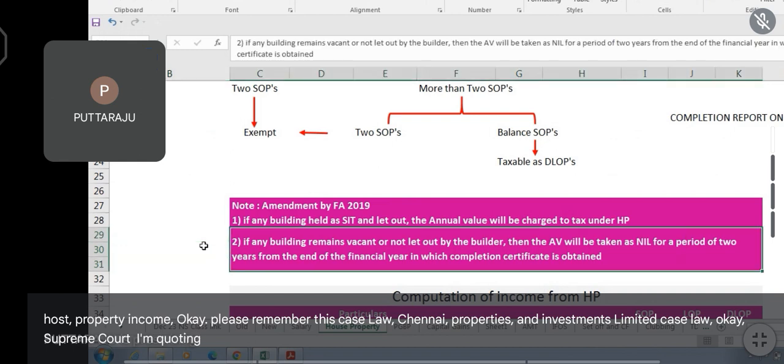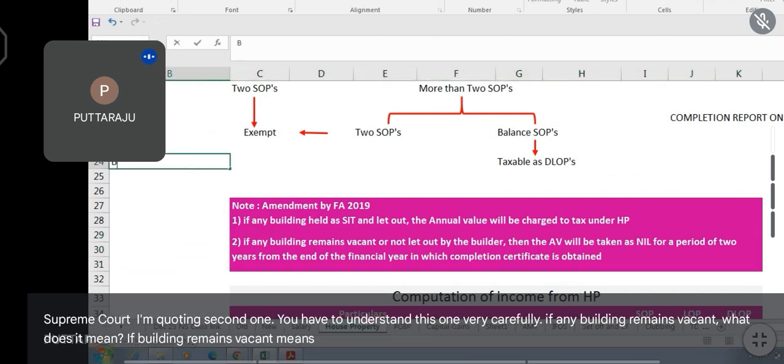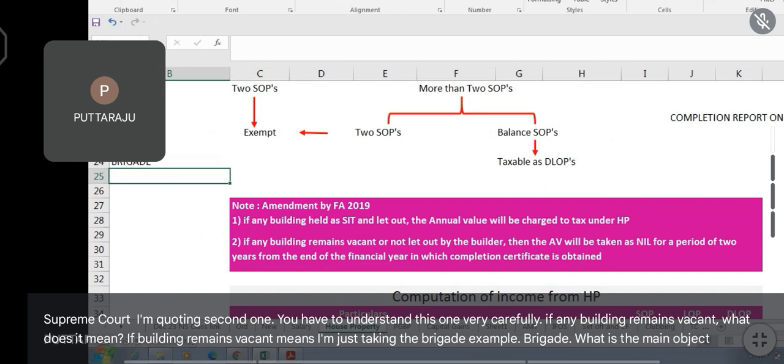Second one, you have to understand this very carefully. If any building remains vacant, what does it mean? I'm just taking the Brigade example. What is the main object of Brigade?